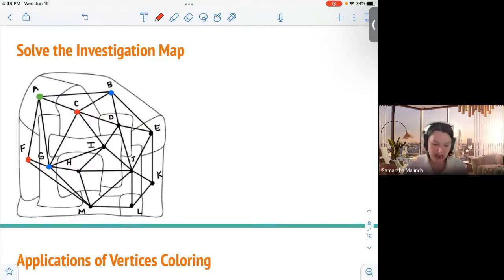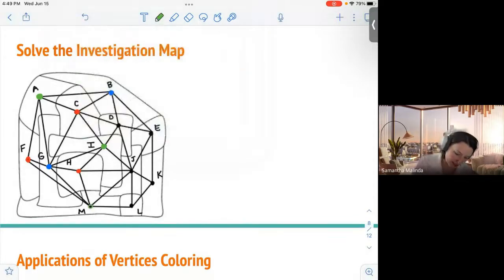I might go to I just because it has a couple more connections that have colors. So I is connected to red and blue. So I'm going to make it green because it's not connected to green. G and I would be connected with H to make it red. M, you see, has a connection of red and blue, but no green.